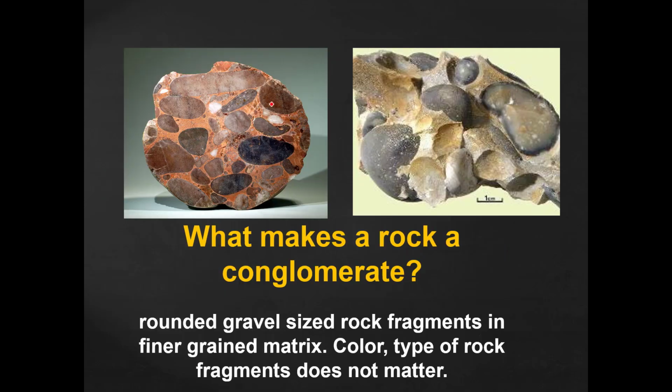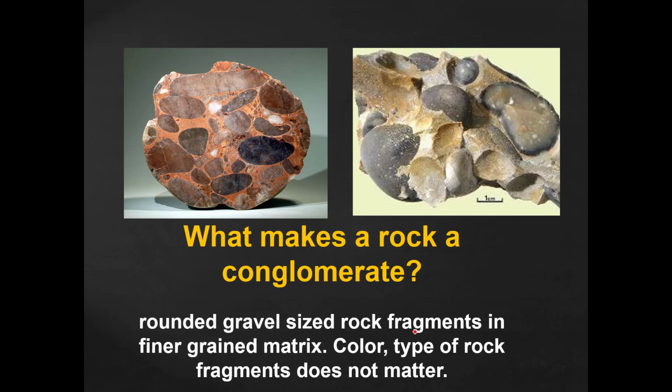You can see two more conglomerate pictures here. After seeing all of them, now you can ask the question, what makes a rock a conglomerate? What do you think? I think after the breccia we looked at, it's very simple to see that the only difference between breccia and conglomerate is that the breccia is angular, and conglomerate is rounded gravel-sized pebbles, basically.